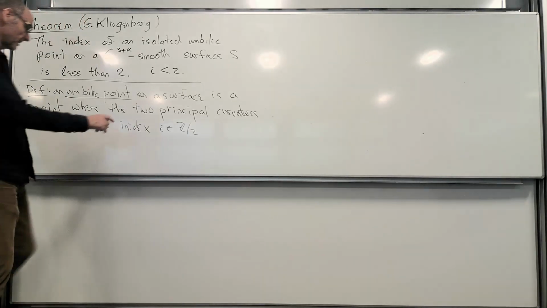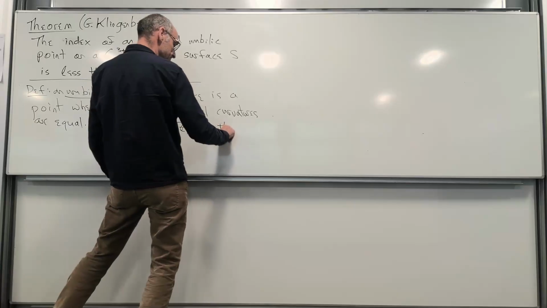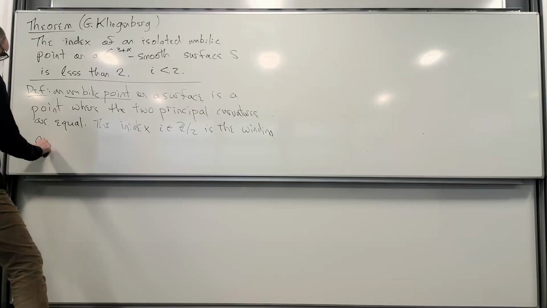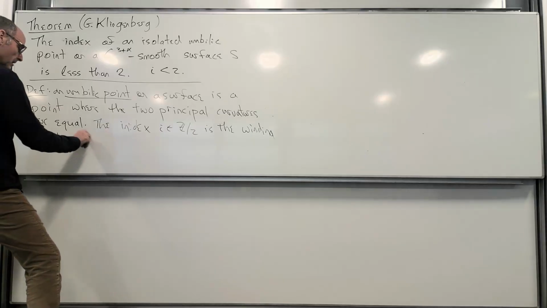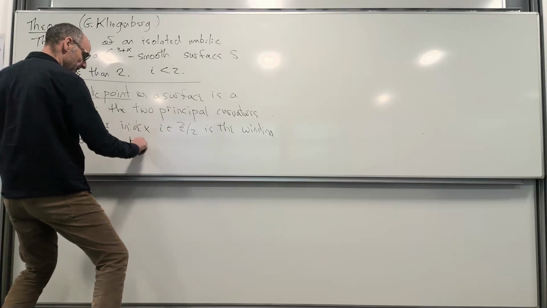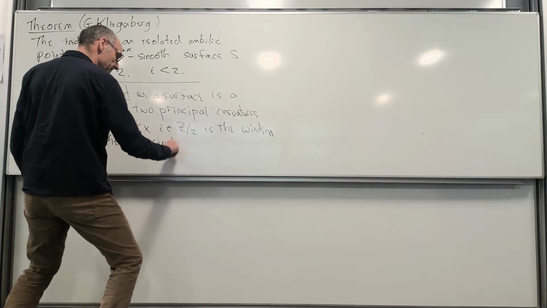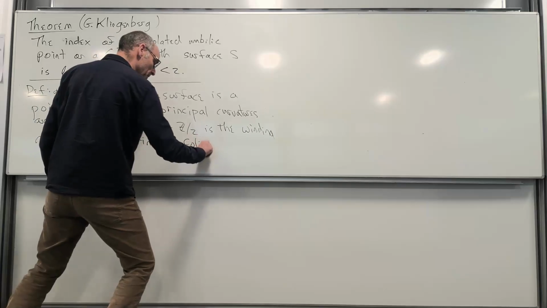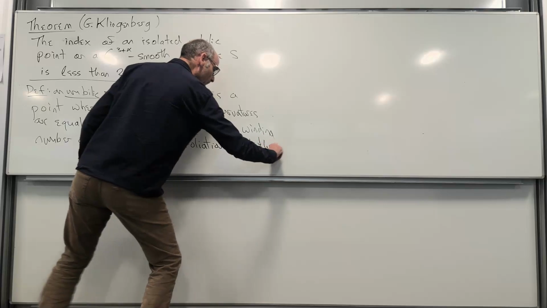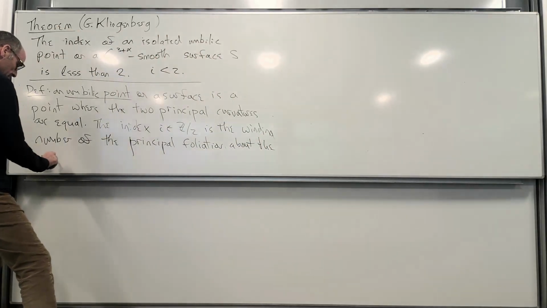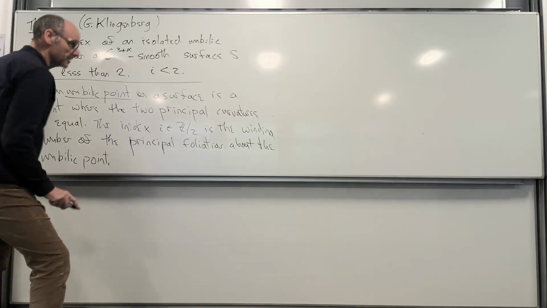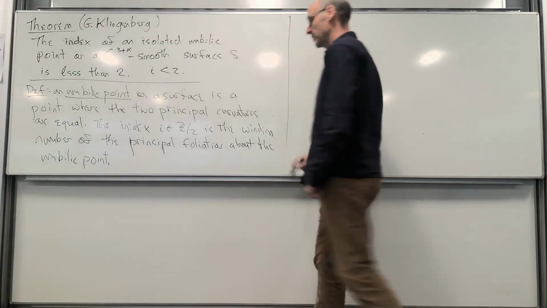So the index is the winding number of the lines of curvature, or principal foliation. Again, very standard, but good to just put them there for once.